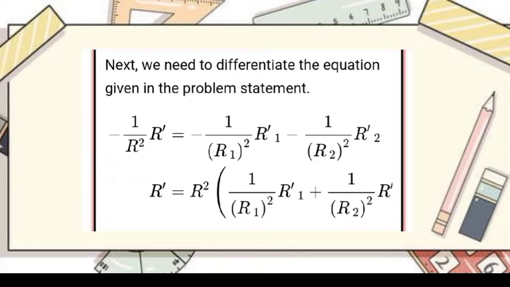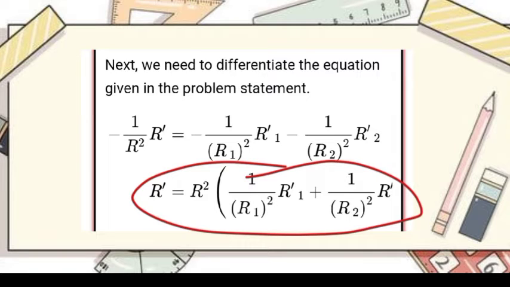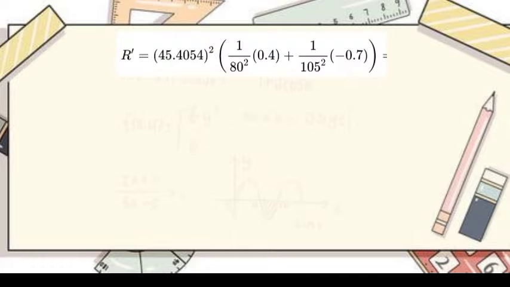Next, we need to differentiate the equation given in the problem statement. So I move the R squared here to get the final formula that I will use. It becomes R prime equals R squared, open parenthesis, 1 over R sub 1 squared R prime 1 plus 1 over R sub 2 squared R prime 2, close parenthesis.